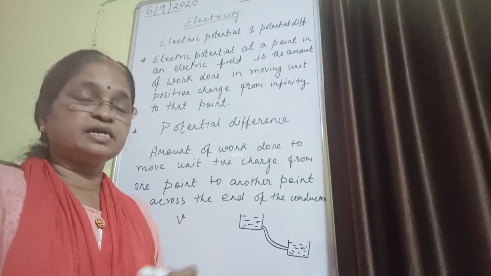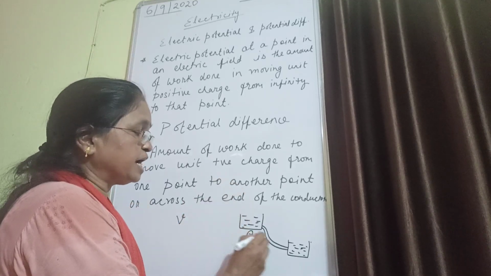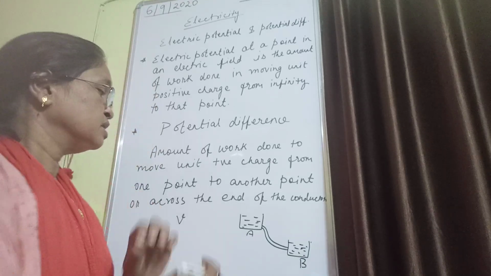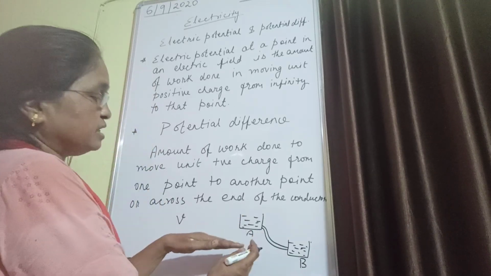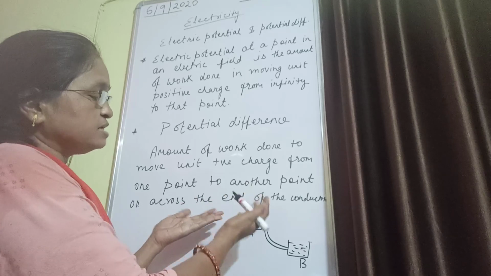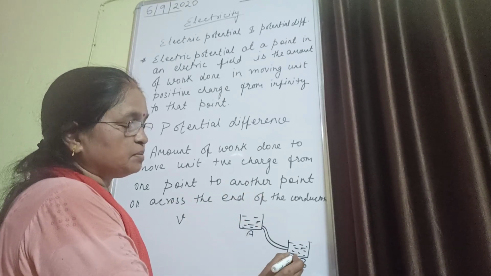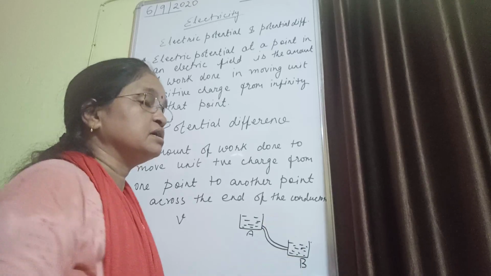Naturally, you will find that water is flowing from tank A to tank B. Nothing we have to do because tank A is at an upper height and has more water, so it has more potential energy in comparison to tank B.